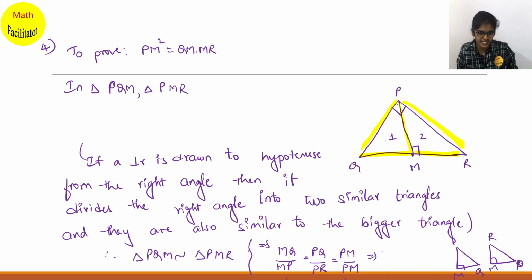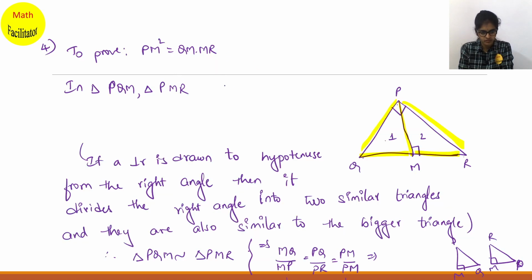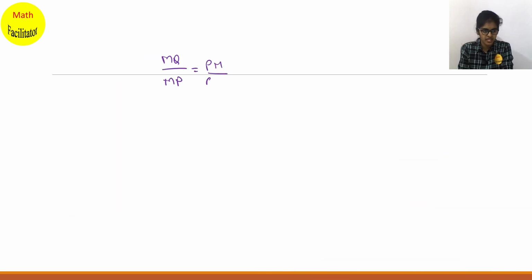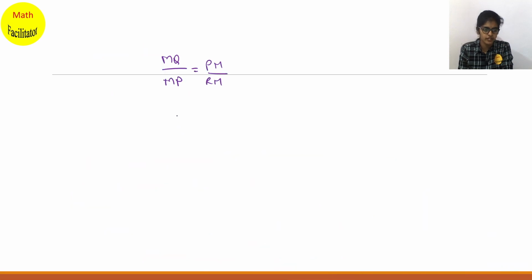What will you get? MQ by MP is equal to PM by RM. What we want is PM square equals QM into MR. So cross multiply: MQ into RM equals PM into MP.